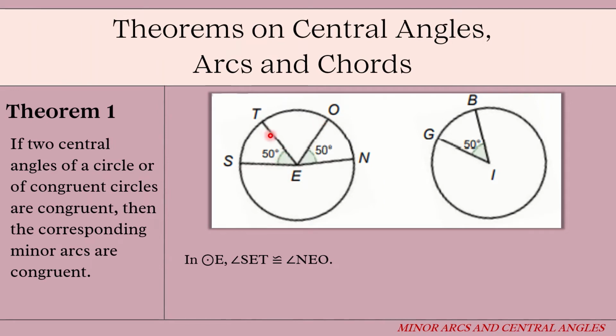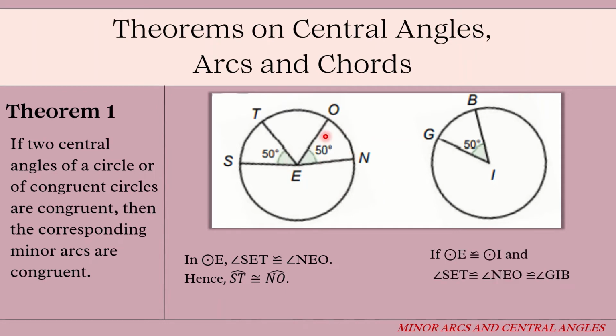Angle SET measures 50 degrees and angle NEO also measures 50 degrees. So they are congruent. So since these two angles are congruent, then according to theorem number 1, their intercepted arcs are also congruent. So we say that arc ST, the intercepted arc of angle SET, is congruent to arc NO, the intercepted arc of angle NEO.